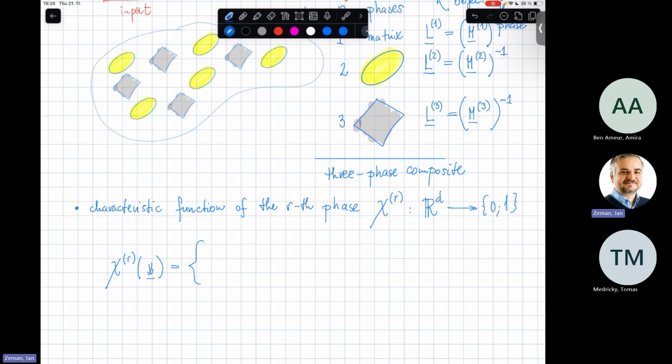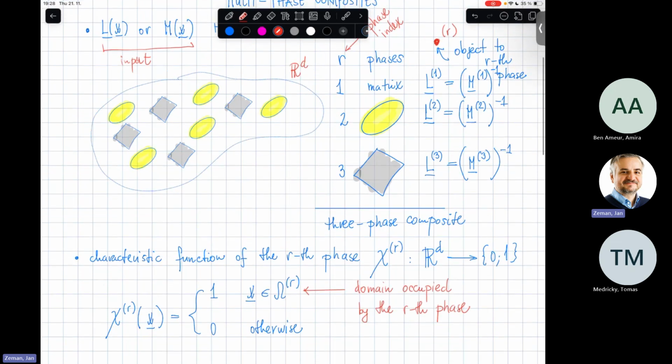It will be 1 if this point x is located in the domain I will denote omega r, and it will be 0 otherwise. And this omega r is just the part of my plane or volume occupied by the r-th phase.